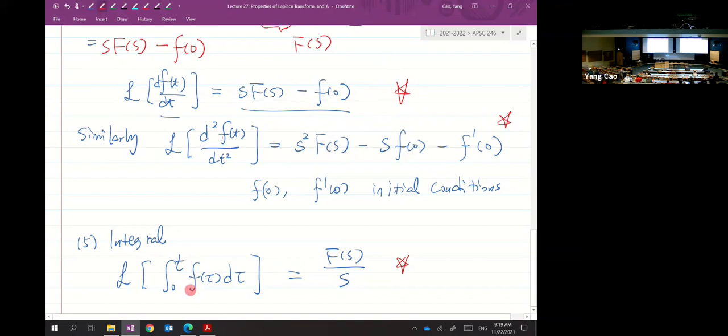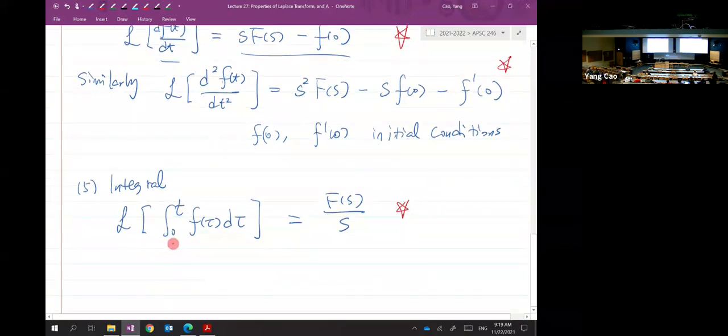This is an integration, and you have something divided by s. As the order goes up, you have s squared. If you have a third order derivative, you should imagine you have s cubed times F of s, right? And for an integration, instead of a times s, this time you divide by s.